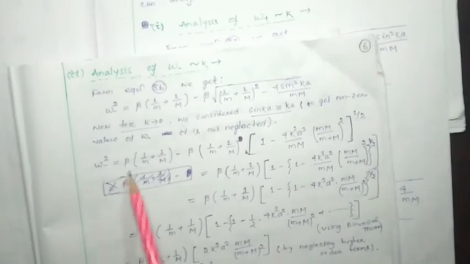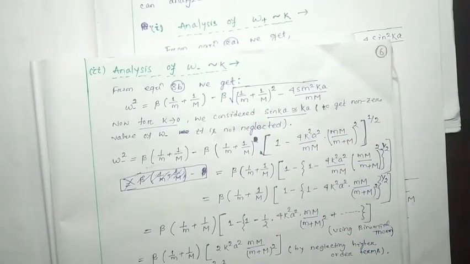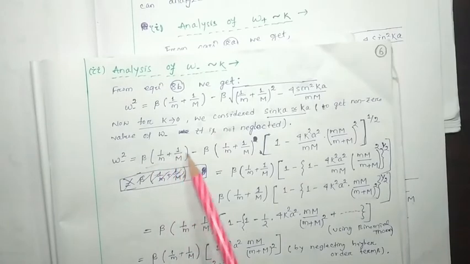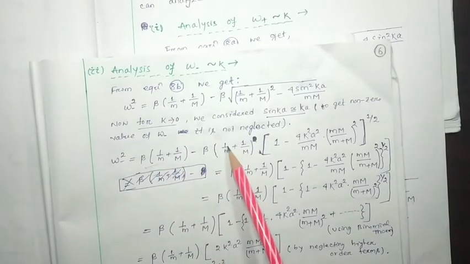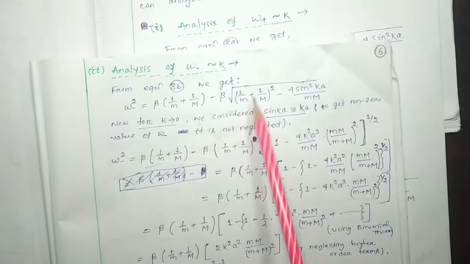So to get the non-zero value of omega, we do not totally neglect sin ka, and we consider sin ka approximately equal to ka. Now omega minus square will be equal to beta into (1/m + 1/M) minus beta into (1/m + 1/M). Here I took 1/m plus 1/M common from this term and this term.